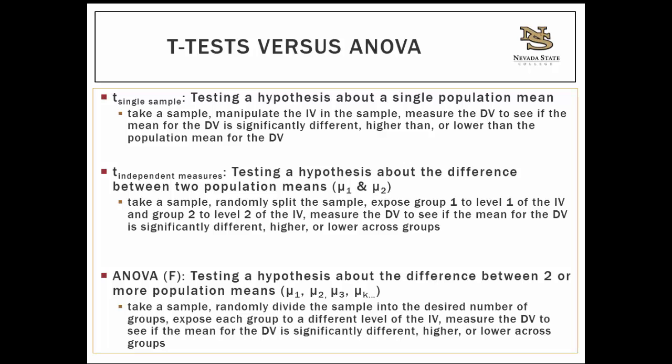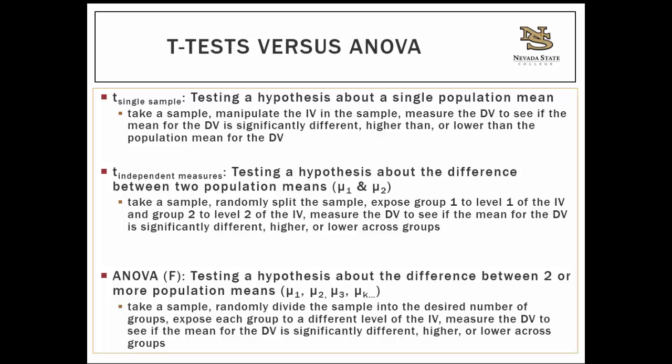All right. So both the t-test for single samples and the t-test for independent samples, or independent measures, and the analysis of variance examine mean differences in the dependent variable at a single time period after manipulating the independent variable. So we're measuring our dependent variable after we manipulate the independent variable to test hypotheses about the population from which the sample was originally drawn.